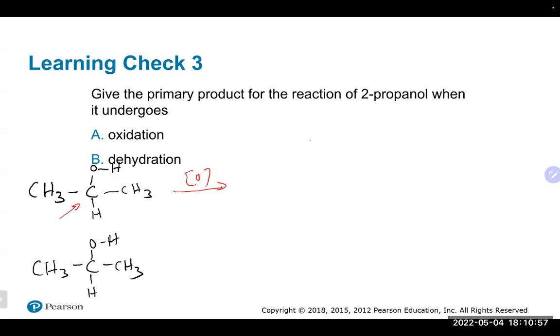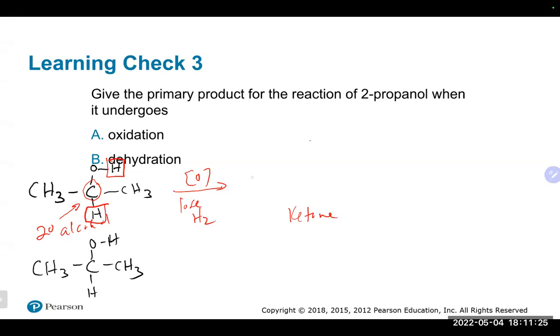Type of alcohol here, and this guy is connected to 2 carbons. So this is a secondary alcohol, which, as we've been talking about, when it goes through the oxidation should yield you a ketone. And because it's an alcohol going through an oxidation, once again, we know we should take off 2 hydrogens. So we're going to grab a hydrogen there, grab a hydrogen there, and basically take it off.